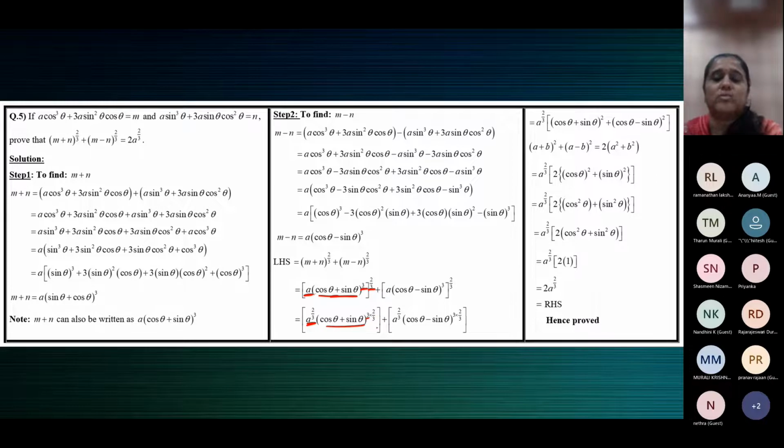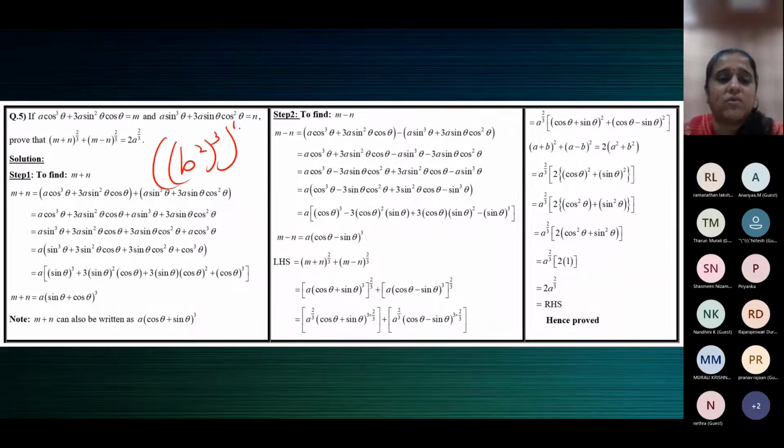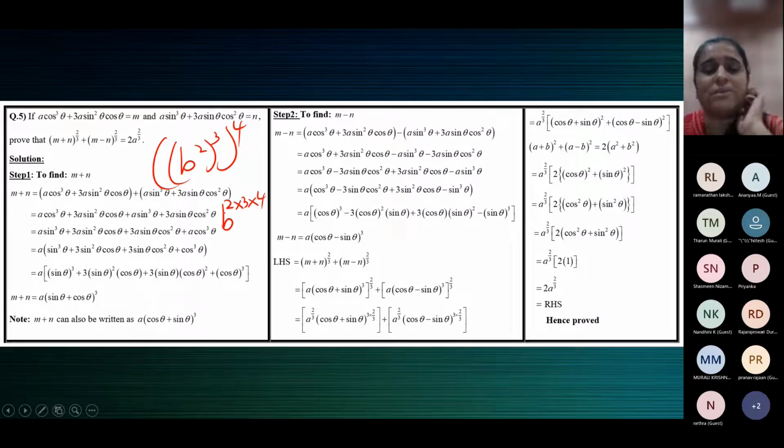Multiply the powers. That's the rule of exponents. If b square is raised to the power 3 and again raised to the power 4, multiply all the powers: b to the power 2 into 3 into 4. When the base is raised to many powers, simply multiply the powers.